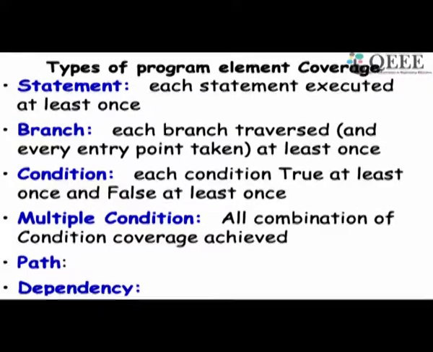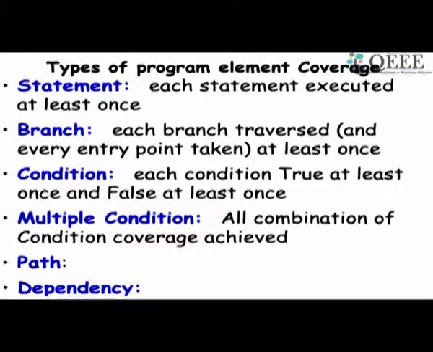In condition coverage, as long as each component condition is sometimes true and sometimes false, we are happy about that. We say that this is satisfied. But in multiple condition coverage we need all combinations of conditions. Let's say we have a composite condition or a branch condition consisting of three conditions, C1, C2, C3.